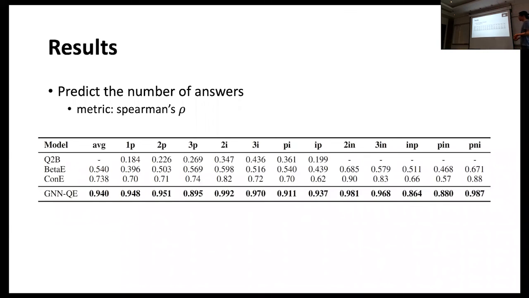And as a byproduct of our model, it can predict the number of answers out of the box without supervision, because we can always take the cardinality of the fuzzy set to predict its size. We evaluate this on the standard benchmarks, measuring the Spearman's rho between our model's prediction and the true number of answers.